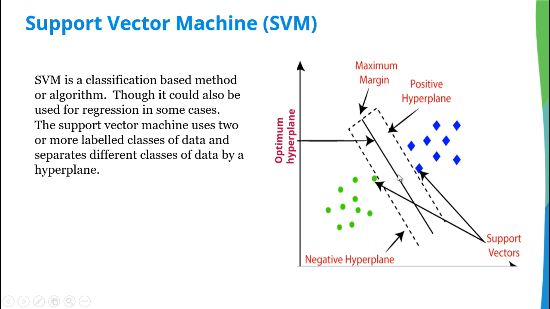So this now becomes the maximum margin. Okay, the margin between the negative hyperplane and positive hyperplane is called the maximum margin. The data you are seeing here are called support vectors. So the support vectors are separated by the margin, and a line is drawn in between the margin called the hyperplane. So that is how SVM separates its data into groups.